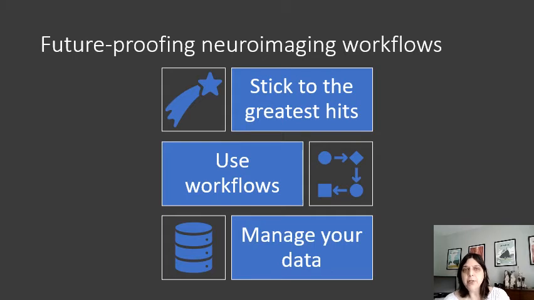So the first is, when writing a neuroimaging workflow, stick to the greatest hits. By that, I mean stick to running workflows that will run on the laptop that you have in front of you, the compute cluster that is in your university's data center, and any cloud provider that gets thrown at you.